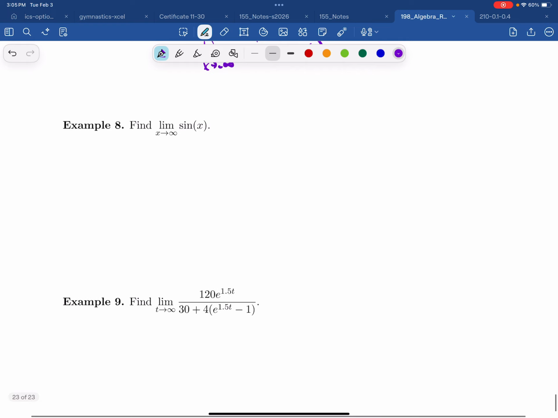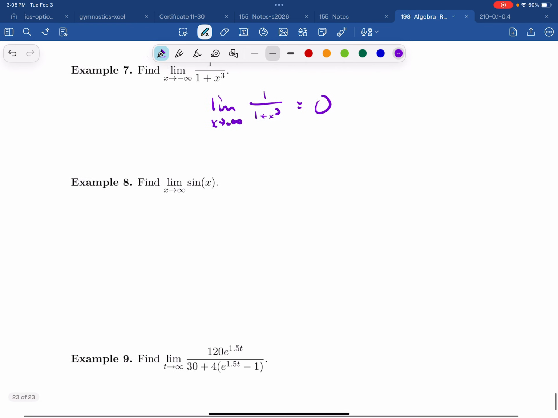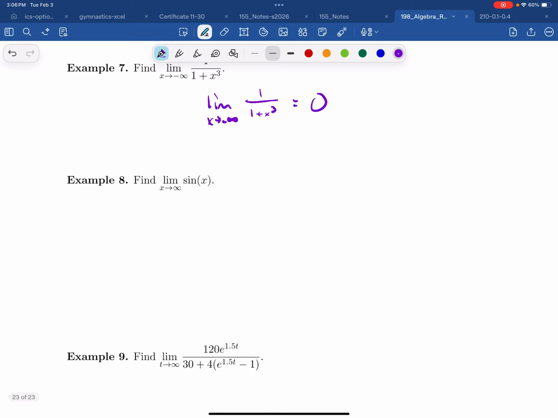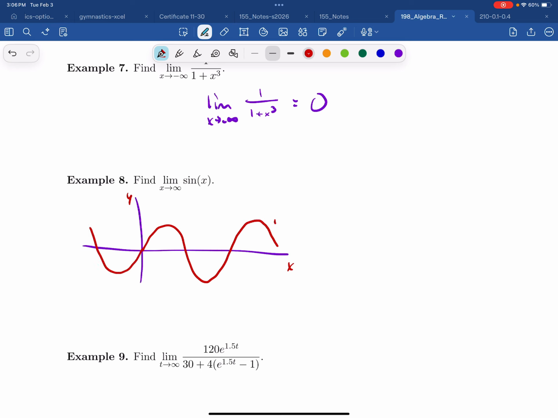One last thing I want to alert you to. Consider the limit as x approaches infinity of sine of x. Now, if you recall, the graph of sine of x looks something like this. And it continues that way too. This goes on infinitely. It never converges to a single value as x gets big.